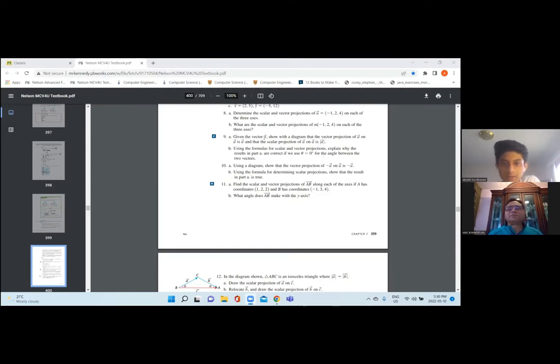And then, given the vector A, show with a diagram that the vector projection of A on A is A, and that the scalar projection of A on A is the magnitude of A. Sir, this is what we did, right? Correct.